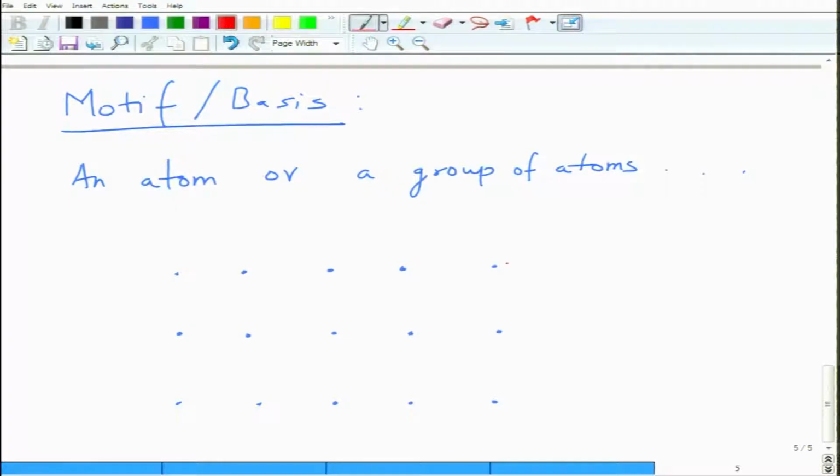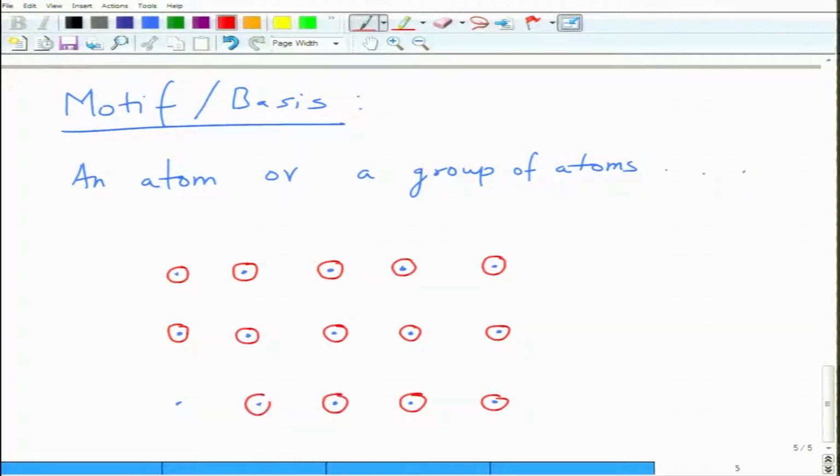Now let me replace each of these points by, let us say, atom A. So this becomes a periodic lattice of A. For the sake of simplicity, we have taken A as a circular or spherical atom in 3D.